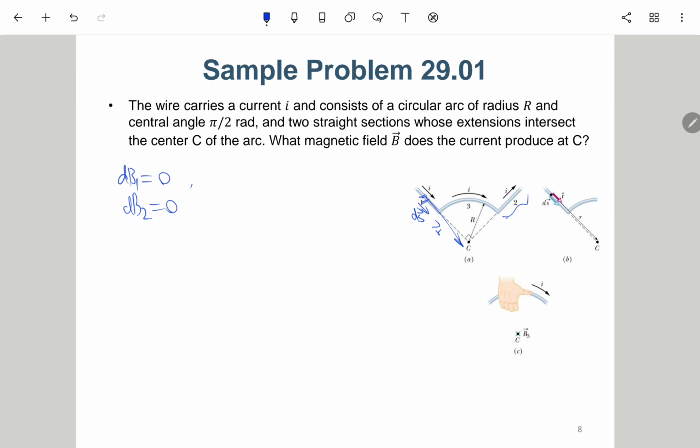So the only part that will generate the B field at point C is actually the arc, segment 3.